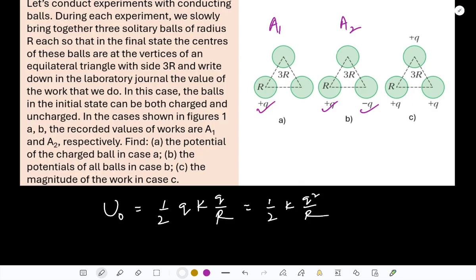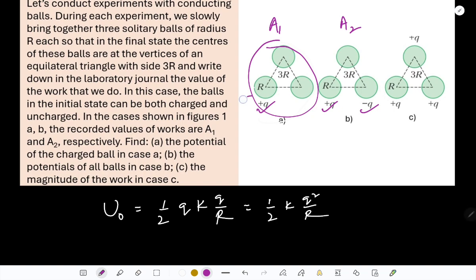And now, when the balls were brought together, since the other uncharged balls have come close to the charged ball, the potential at the surfaces of each ball must have changed.